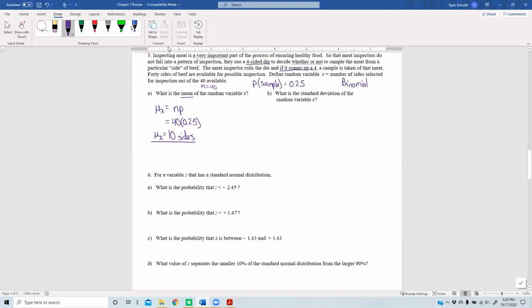Okay, part B asks for the standard deviation. Again, this is a binomial, so our formula for standard deviation is the square root of N times P times 1 minus P, which remember 1 minus P can also be called Q. So that's going to be sigma X equals the square root of 40 times 0.25 times 0.75.